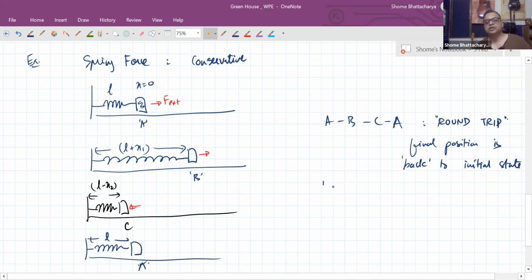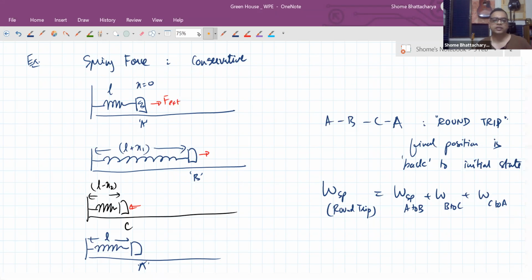Okay. So the work done by the spring force in this particular round trip will be the work done by the spring force from A to B plus the work done from B to C plus the work done from C to A. Now we'll be able to show very easily that this will be zero.